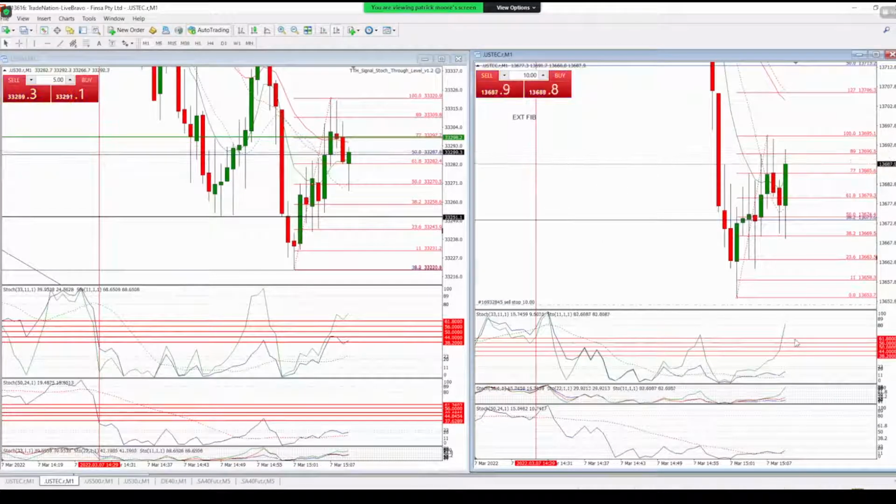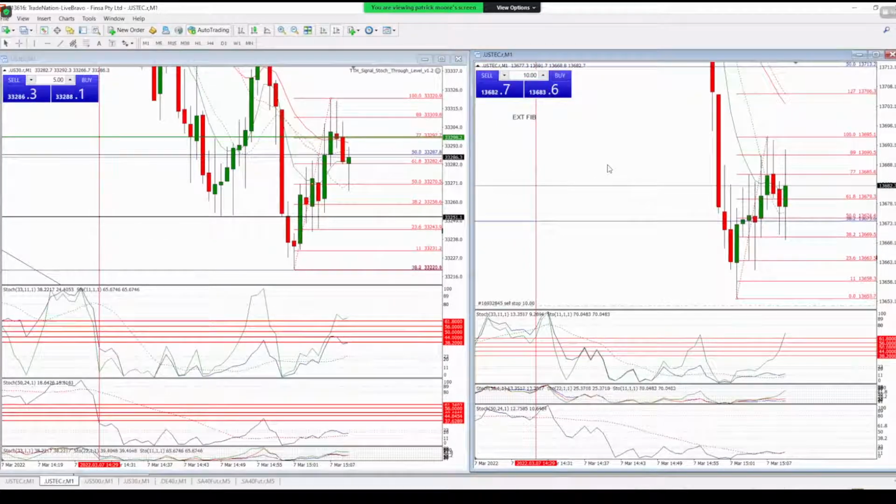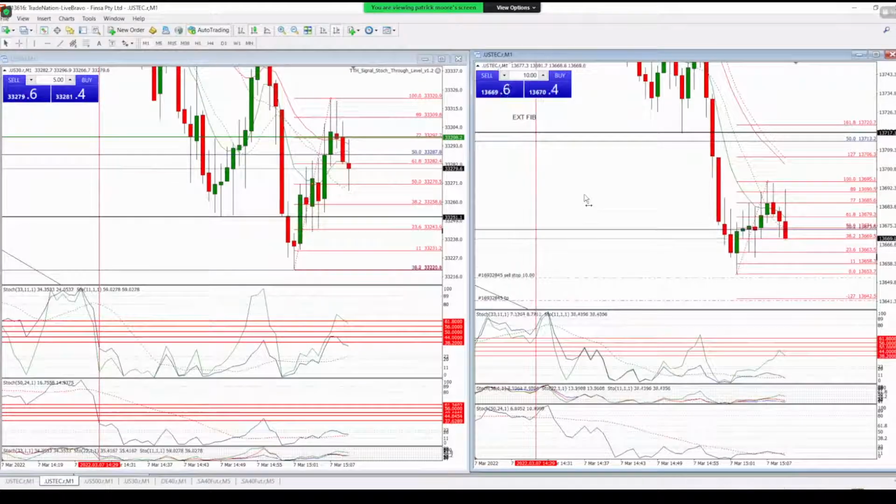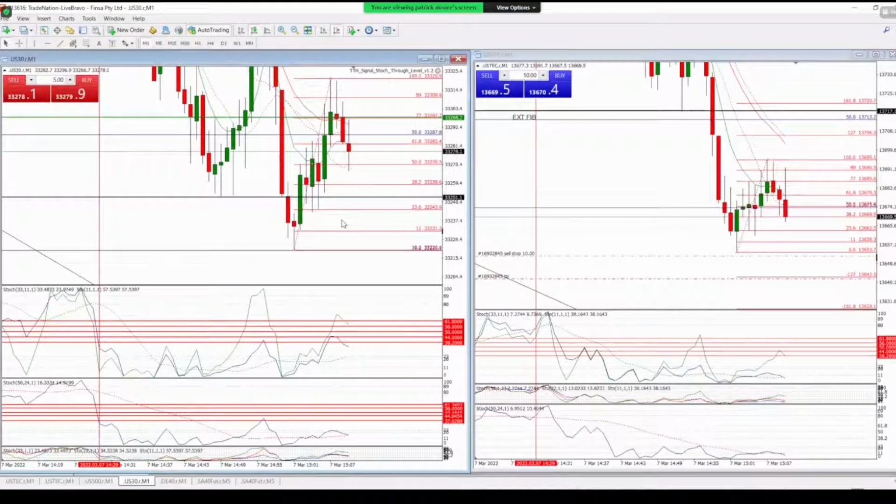I've got nothing here except stochastics. 5-minute trend on both markets is still down. If you want to look at the separation short, I won't right now.